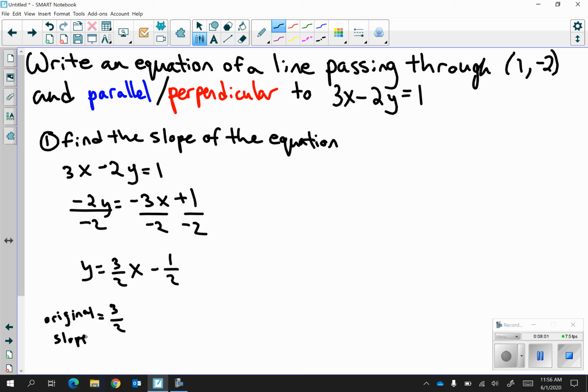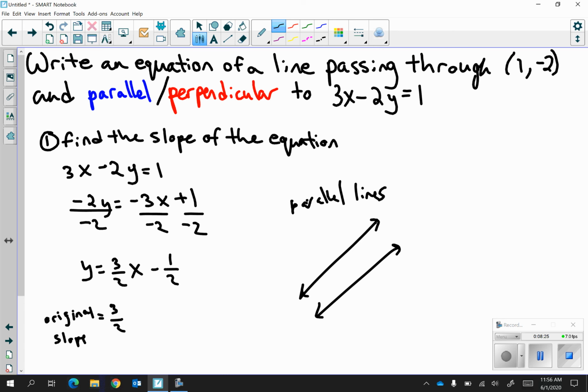Now, if you have a line that is parallel, parallel lines, right, are two lines that never intersect. And the reason why they don't intersect is because parallel lines have the same slope.